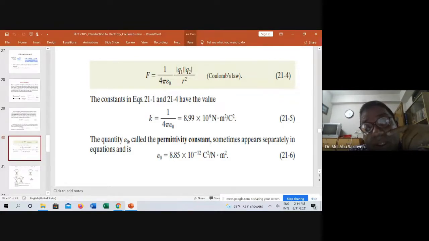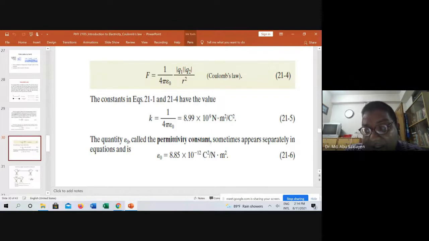What is the physical meaning of this? Epsilon is a Greek letter, pronounced epsilon. The subscript is 0, so we say epsilon naught, and it is known as the permittivity constant of free space. What does it mean?